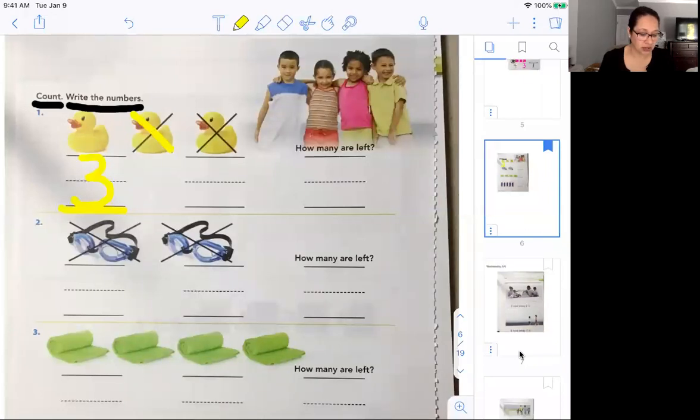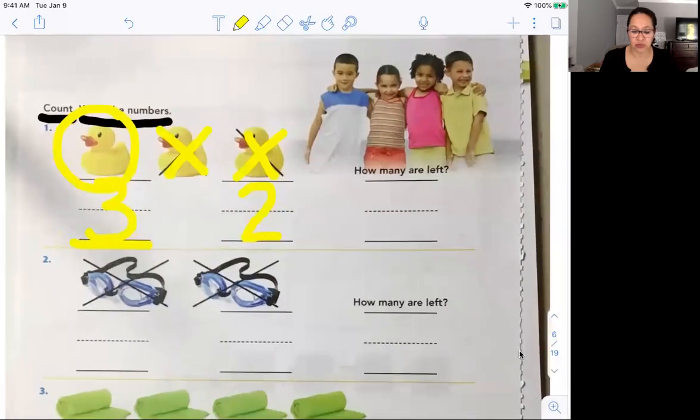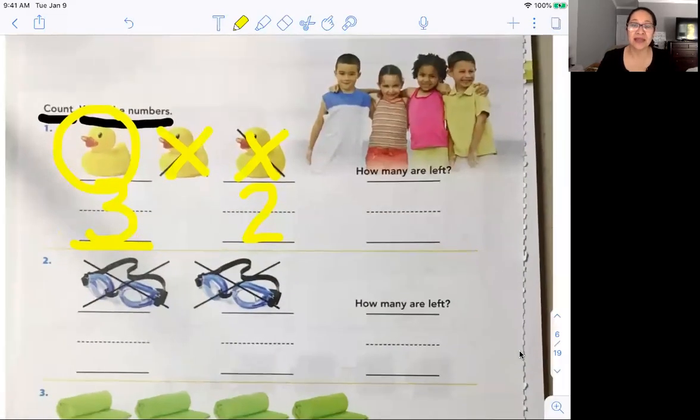You see 1, 2. So you had 3, take away 2. How many ducks do you have left? 1. You have 1 left, right? It's like 3 duckies were swimming in a pond and then 2 swam away. And now you have 1 duck in the pond, okay?